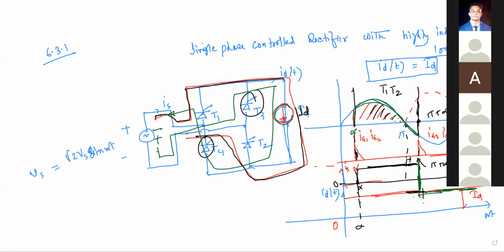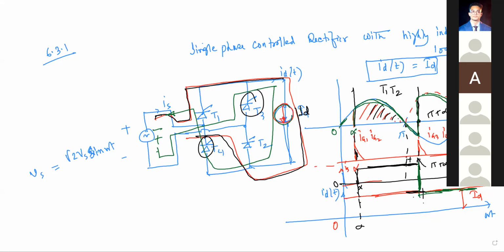And then when T3 and T4 are conducting, that will be rectified, and again Vd must be equal to Vs, and it will follow like this. So two pi plus alpha, is it not the same as 0 to alpha? Yes, sir, because it is the starting of a new cycle.